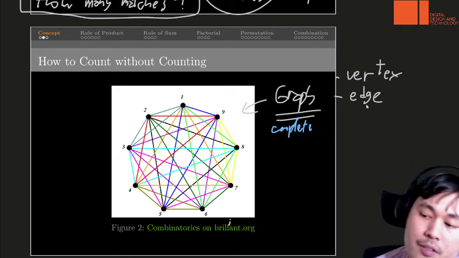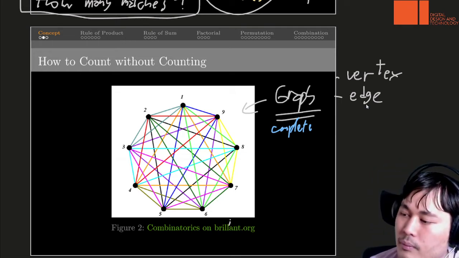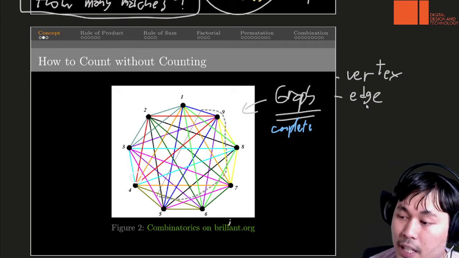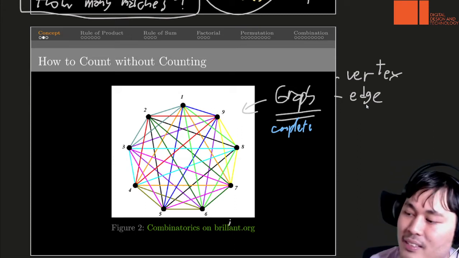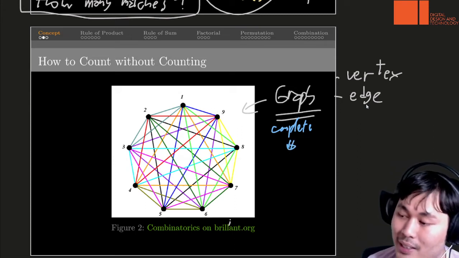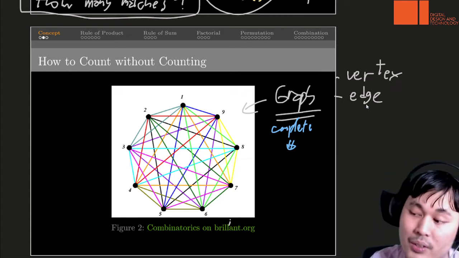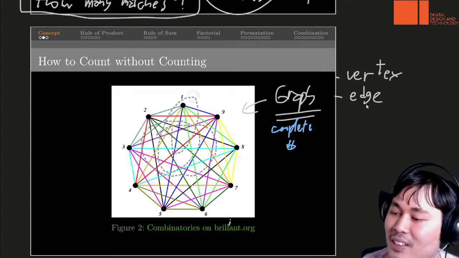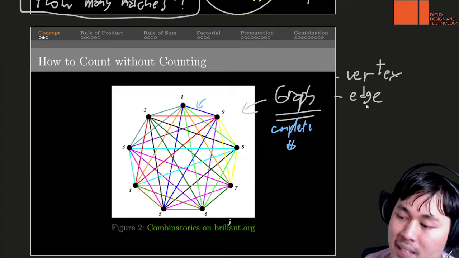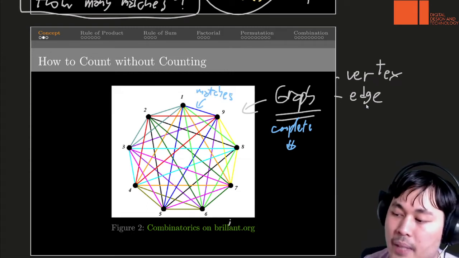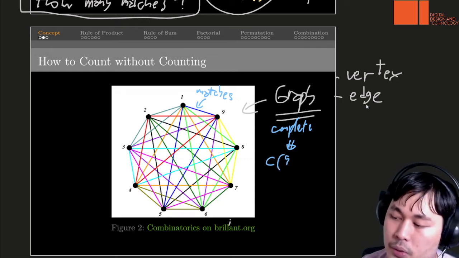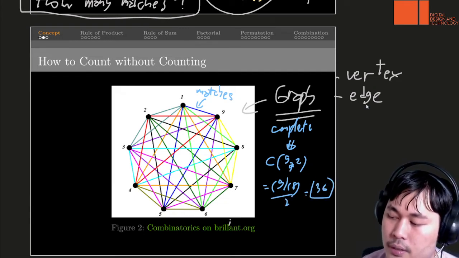There's exactly one edge for every pair of vertices. So this graph has 9 vertices and is complete. And so we can immediately conclude that the number of edges, or in this case the number of matches we need to make, is C(9,2), 9 choose 2, which is 9 times 8 divided by 2, or 36.